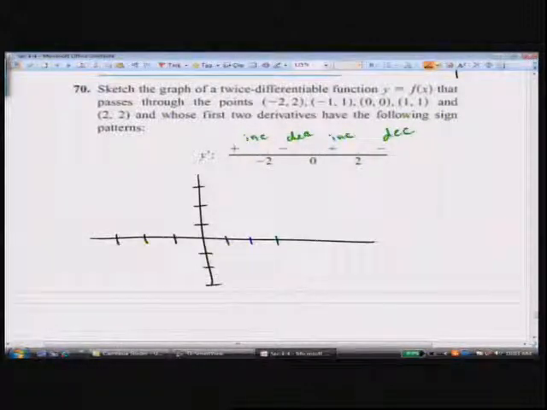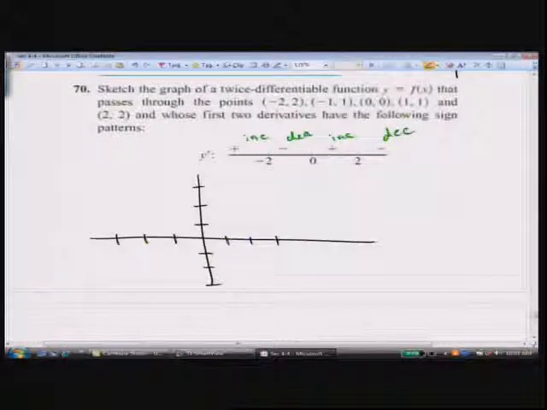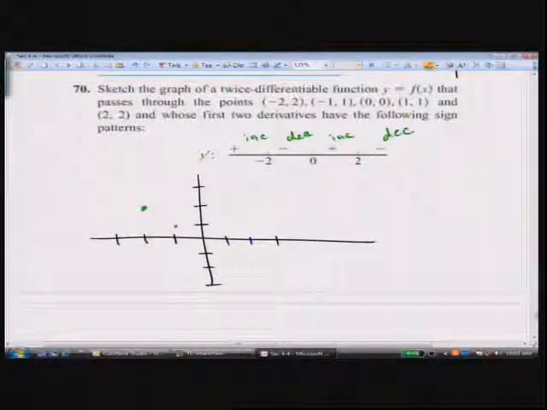It passes through -2, 2, -1, 1, 0, 0, 1, 1, and 2, 2.